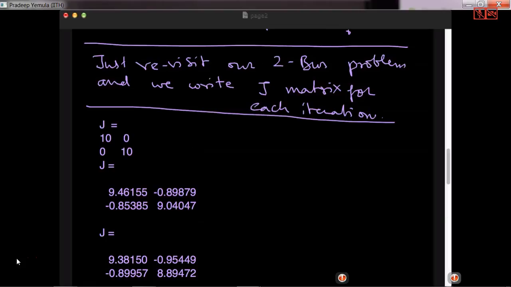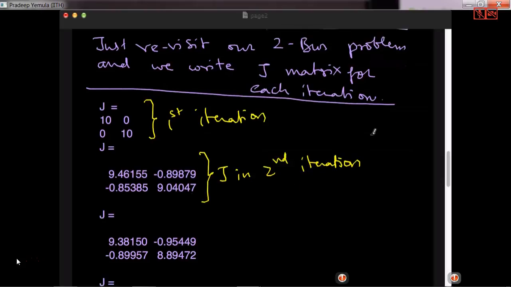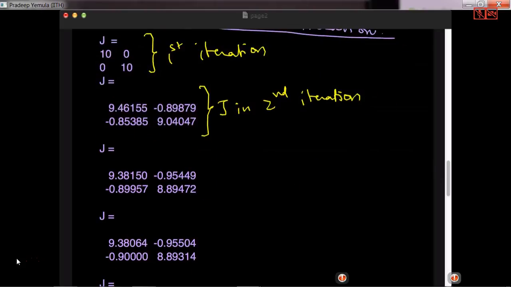So now you see, this is the first iteration. This is J in the second iteration, and this is J in the third iteration, and then the fourth iteration and so on.